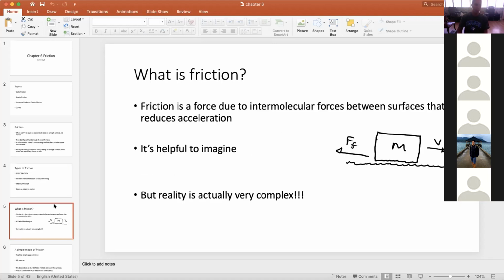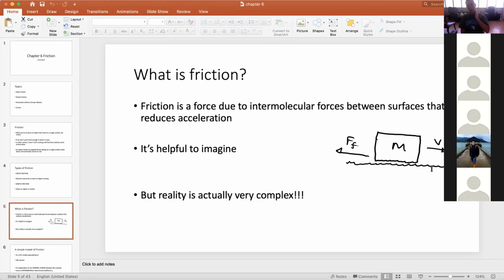So how you envision friction is really kind of up to you. A lot of people imagine that there's a lot of little rough nooks and crannies on the bottom of an object and on the surface, and they kind of interlock and the friction is like bouncing along that.